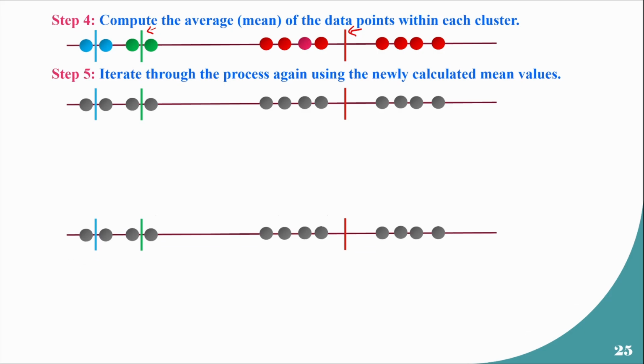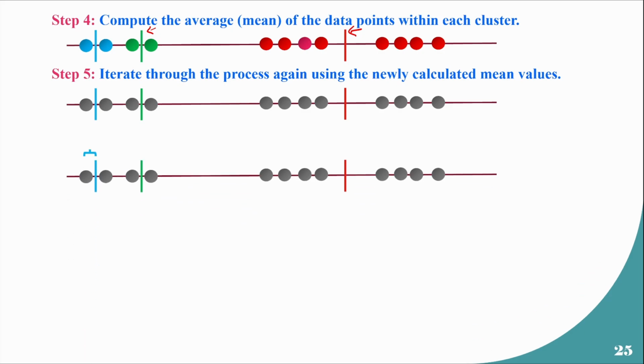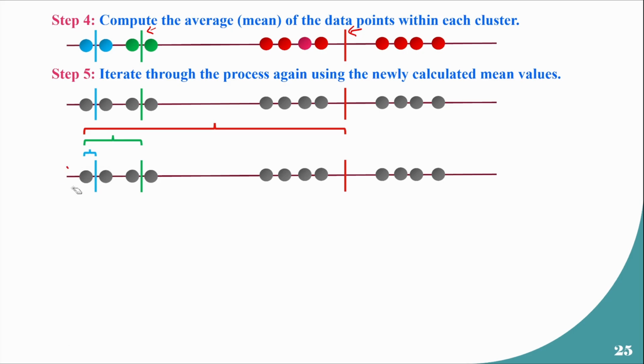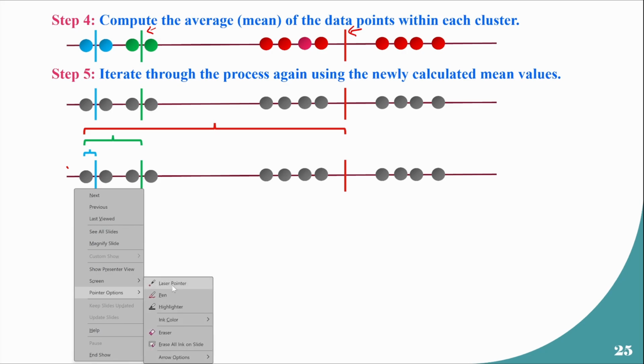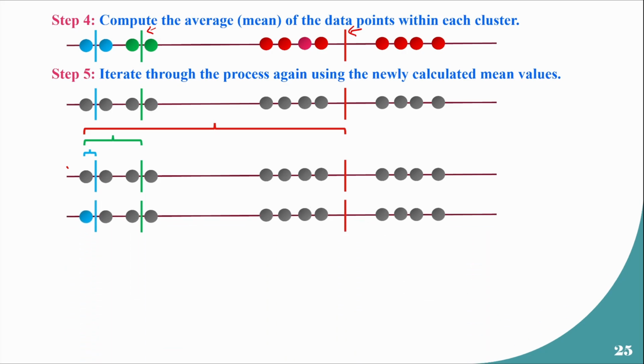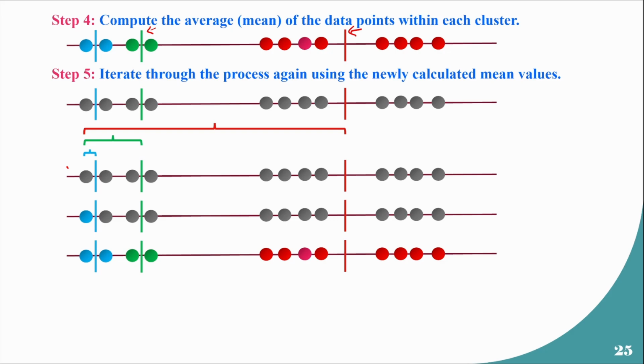So again, it will calculate the distance from the new representatives, and it will find out that, for example, the first data point is again part of the blue cluster. So it will assign the first data point to the blue cluster, and then again it will do the process for the entire data.